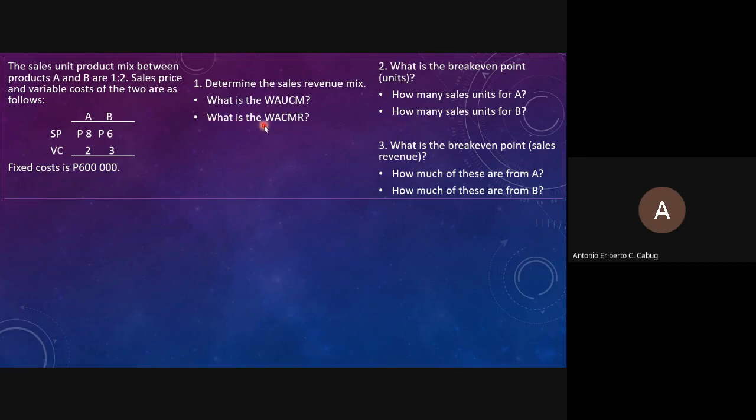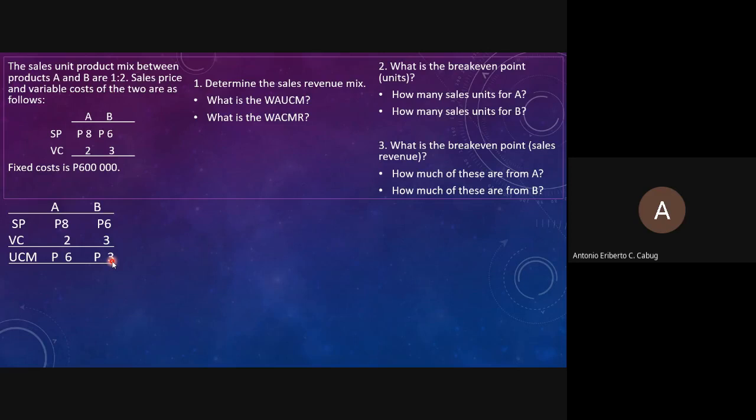Please listen to this one step by step. A and B. Ano yung presyo? 8 and 6. Unit variable costs, 2 and 3 respectively. Let's do this step by step. While you are writing there, price of A is 8, variable cost is 2, the UCM is 6. Okay. B, 6 minus 3, that's 3.